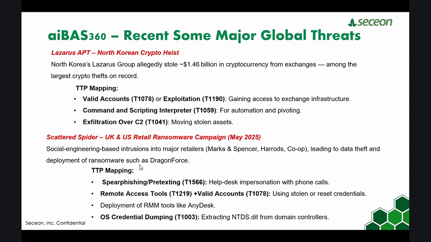The TTPs, as we have highlighted in the mapping, they have used T1078 and T1190 for gaining access, T1059 for automating pivoting, T1041 for moving stolen assets, and in Scattered Spider, they were into ransomware like DragonForce.